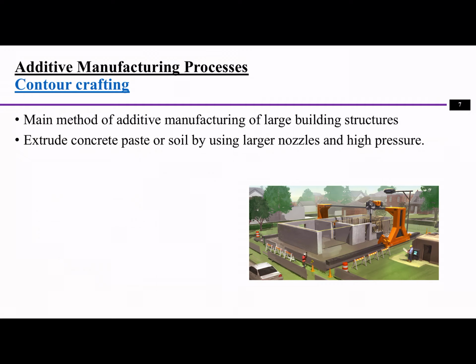Another process in additive manufacturing is contour crafting, which is very similar to fused deposition modeling. Sometimes we hear examples of 3D printing a house or some bigger equipment or structure. It's probably talking about contour crafting.